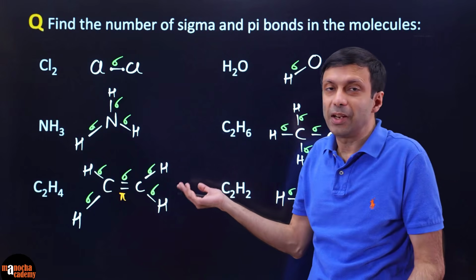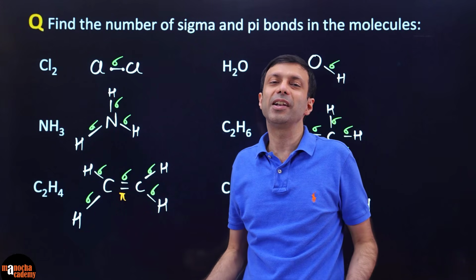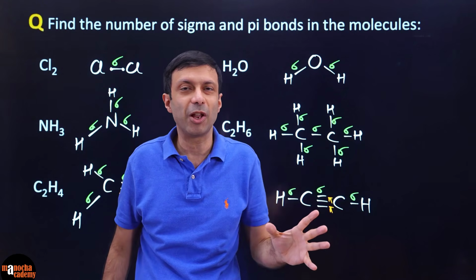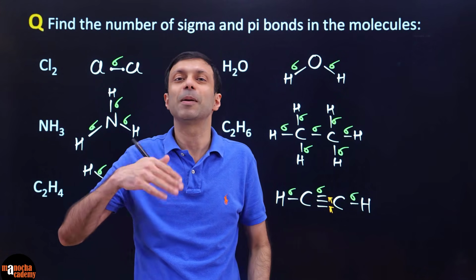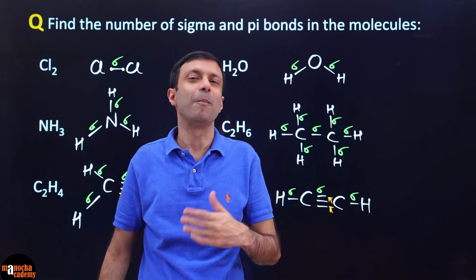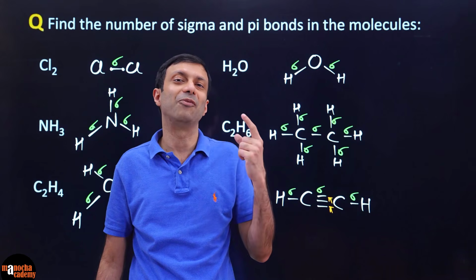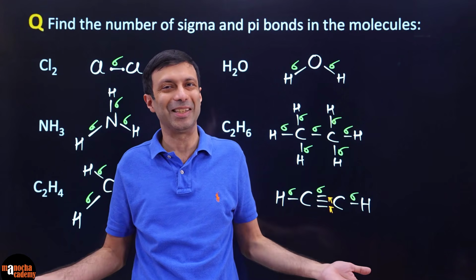So if you're just asked for the number, you can easily find it out, remembering this important rule that the first bond formed between each pair of atoms is sigma bond, and the subsequent bonds are pi bonds. So double bond will have 1 sigma, 1 pi, and triple bond will have 1 sigma, 2 pi. So easy, done.